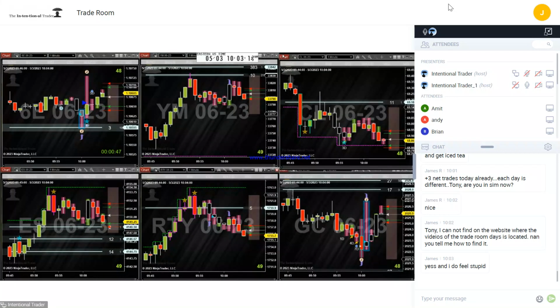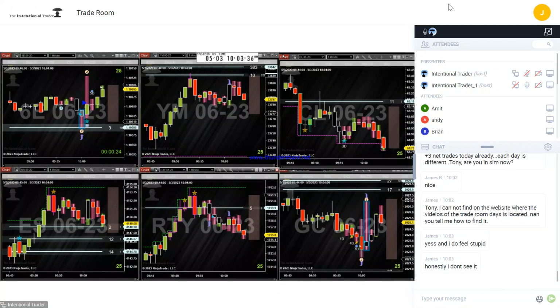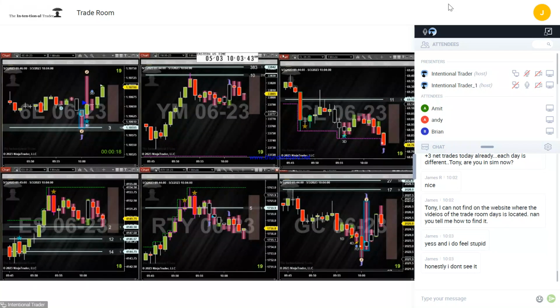You see the button that says trade room recordings. Let me know how I can make that more clear for you. Under the glass doors, see the glass doors? Scroll down.